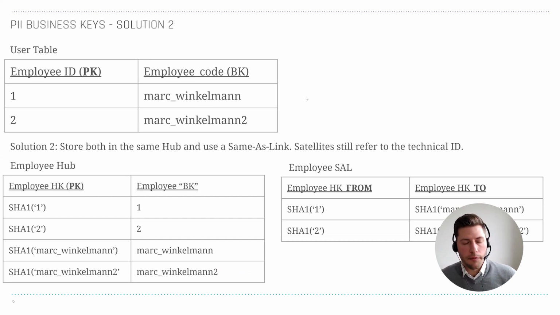But as I said, in such cases I usually prefer this: employee tables and user tables in the source systems are usually not heavily used outside of the system, only within the system. Then it's most likely not a big deal to just use the technical IDs.